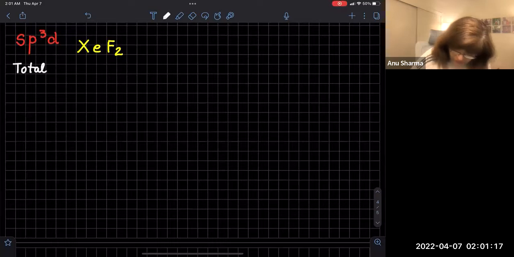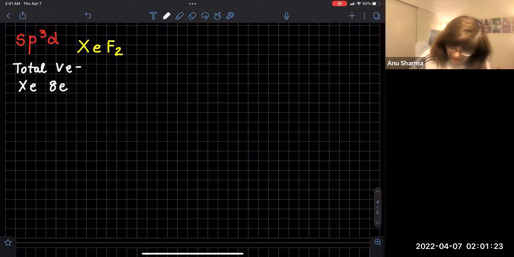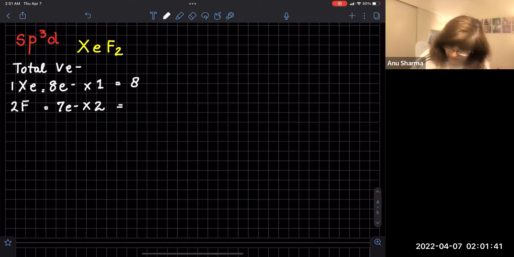Xenon has 8 valence electrons, and there is one xenon and 2 fluorines, each fluorine bringing 7 electrons. So we have 8 plus 14, which gives a total of 22 electrons.